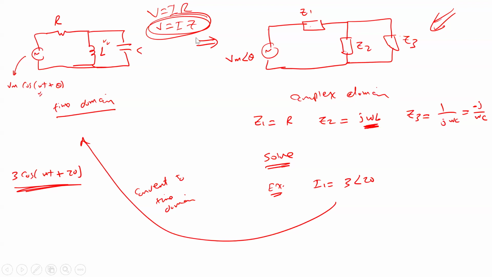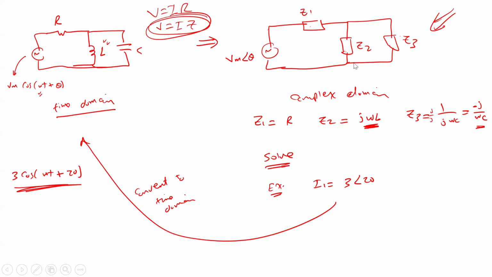The impedance Z3 of the capacitor is 1 over j omega C. If I multiply by j over j, it is the same as minus j over omega C. Is that okay?